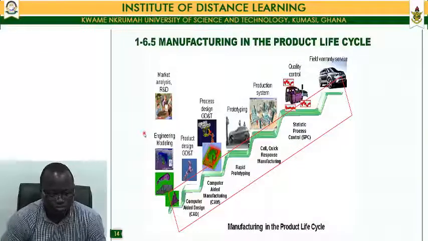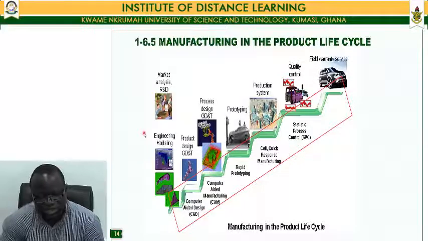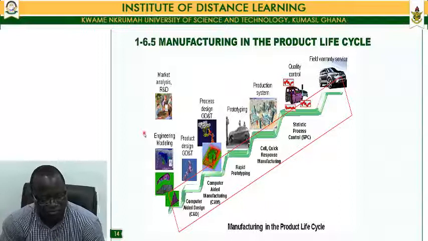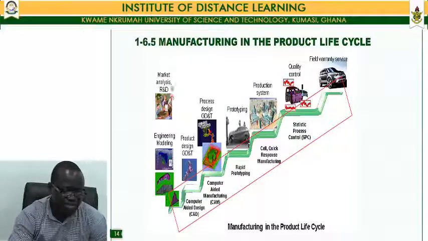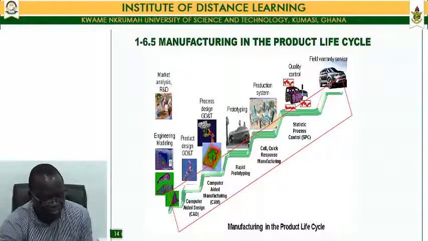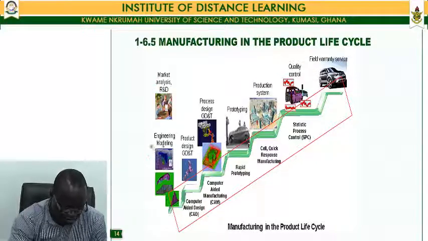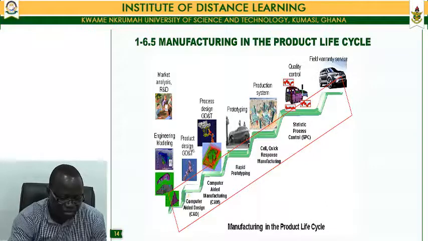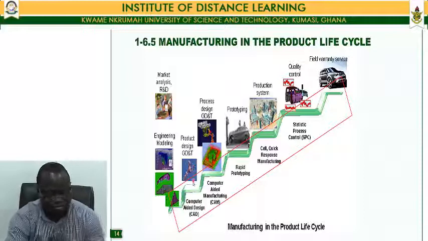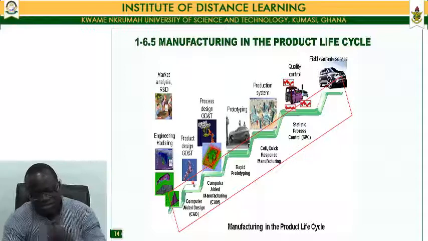Right. So if you look at manufacturing in the product life cycle, if you take a typical manufacturing product life cycle, we do some market analysis by the R&D group. Then based on their findings, there will be engineering modeling, and then you have the product design group, design and of course technology.